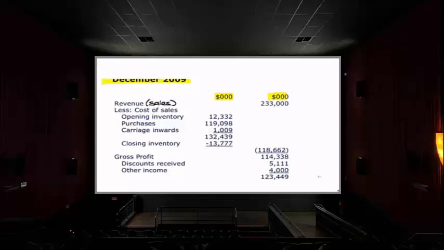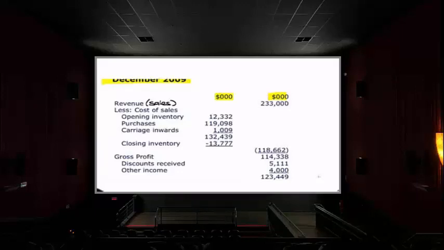So if your business, let's say, is buying and selling, or manufacturing calculators and selling on the finished product to your customers, the total value of all the calculators that you've sold in the year, in this case $233 million, that would be your sales revenue for the year.